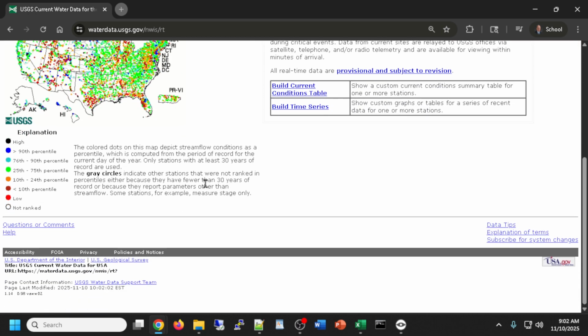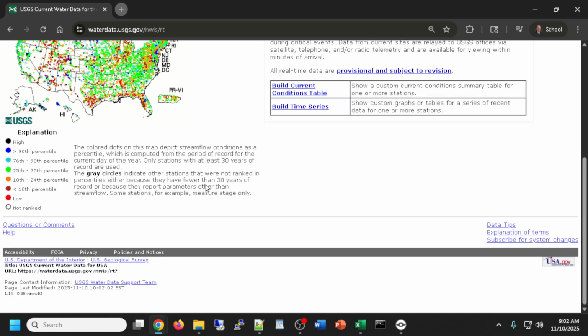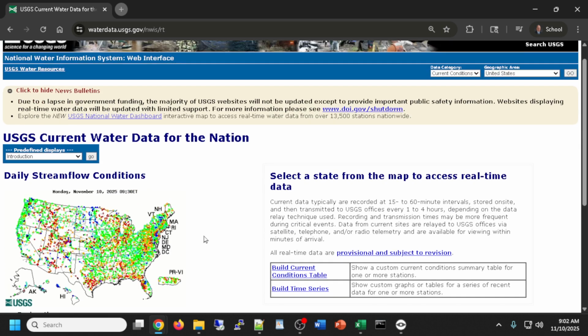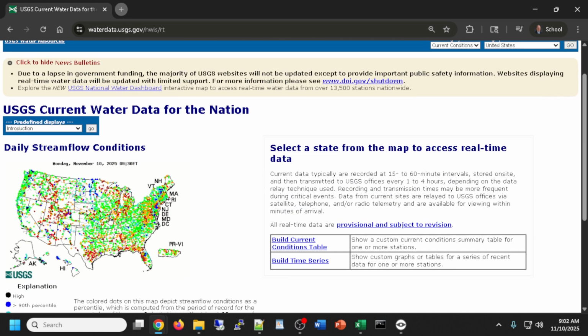Here I can go look for some data. I'm looking for the Mississippi River. Select a state from the map to access real-time data. Let's go to Iowa here.